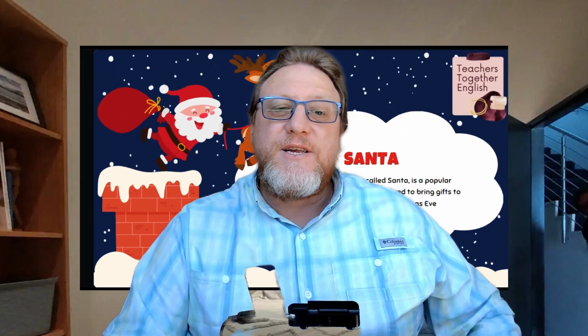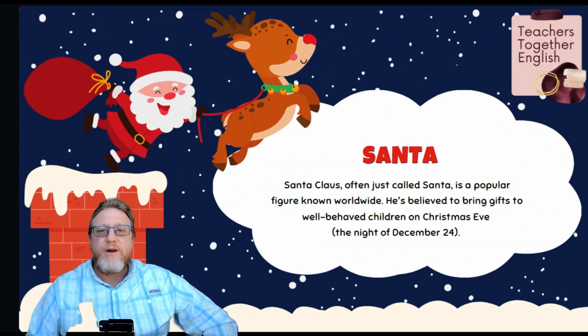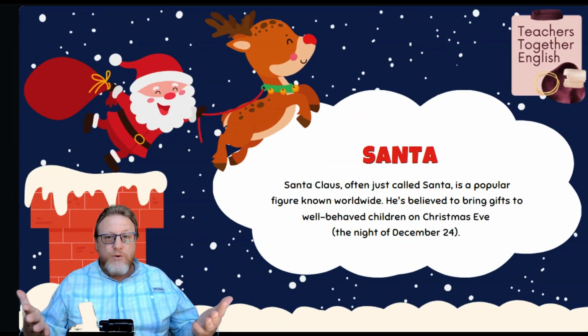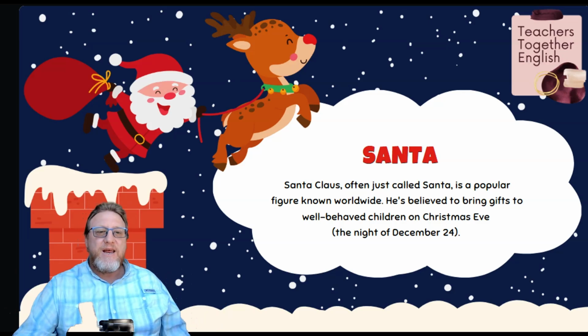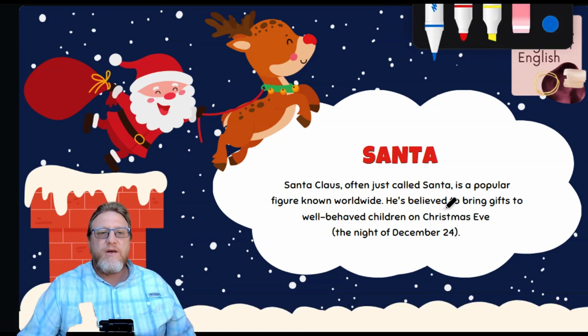For older students, advanced students, incorporate open-ended questions and encourage discussions about personal experiences or opinions. See, for these, you can click on the reading sections or just have them read. Have them read to you, correcting when needed. As they read along, you can draw lines.